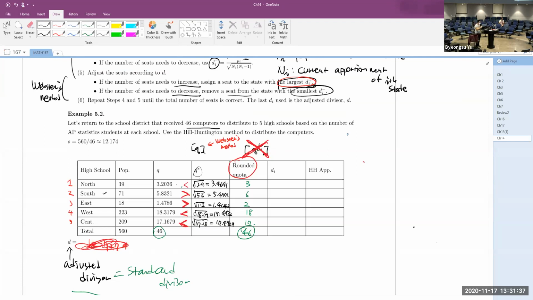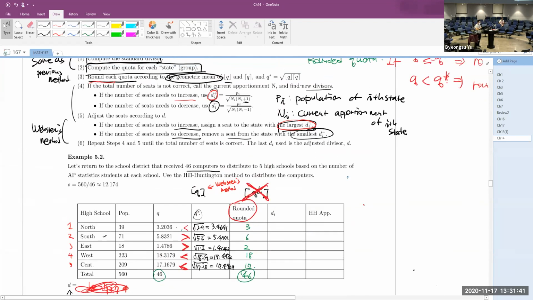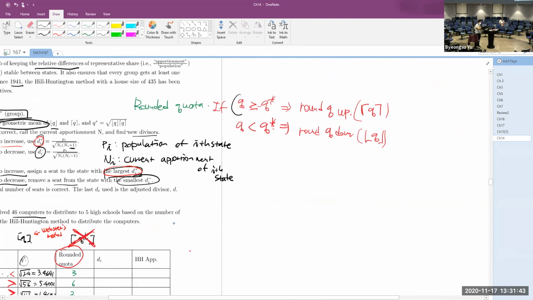Instead of rounding up this Q star, you use this criterion: compare your original Q with your Q star. If your Q is greater than or equal to Q star, then round Q up. But if your Q is less than Q star, then round Q down, right?